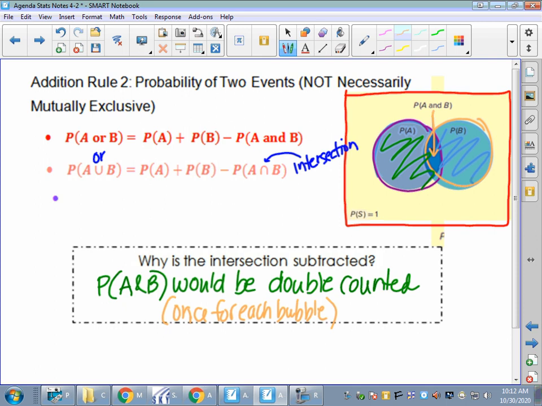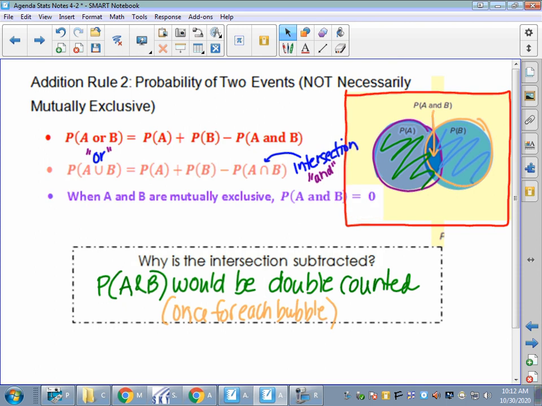So that double counted, intersection actually stands for and. Union stands for or. And I do want to mention that we could have more than two bubbles.